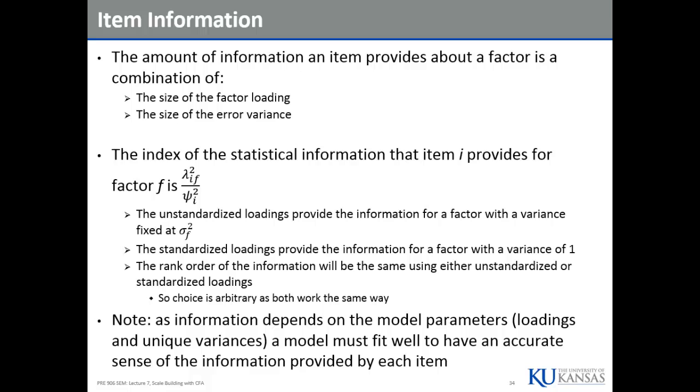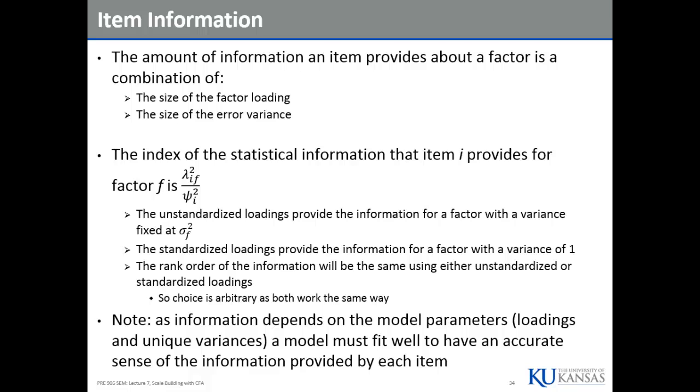And so we know that the bigger the loading, the bigger the covariance between the two. But this function gets big when the size of the loading is big relative to the size of the unique variance. Right? So unique variance is what's left over in the item that's not accounted for by the factor. Right? So big loadings are one thing, but it's big loadings squared really, it makes it bigger, over the unique variance that talks about it.